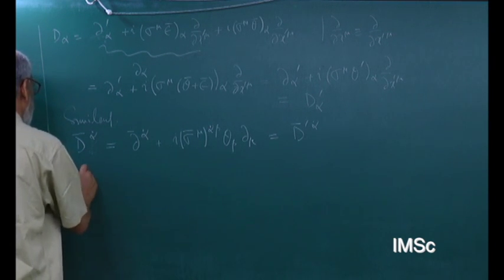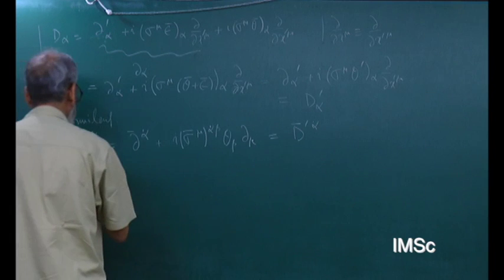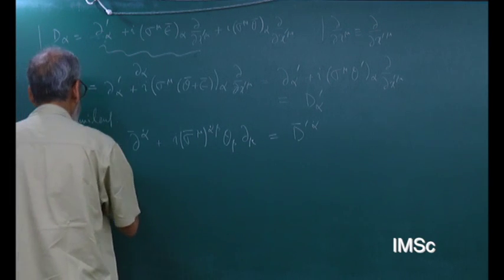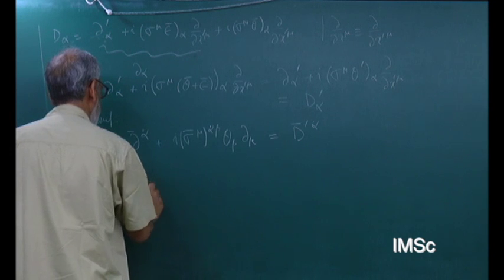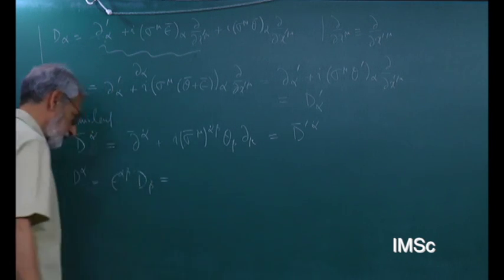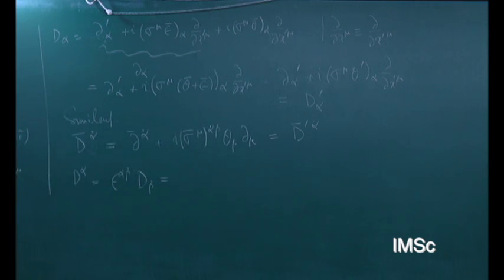Now d alpha up from here is the same as d alpha beta d beta. And write this here. So that gives me epsilon alpha beta d beta.